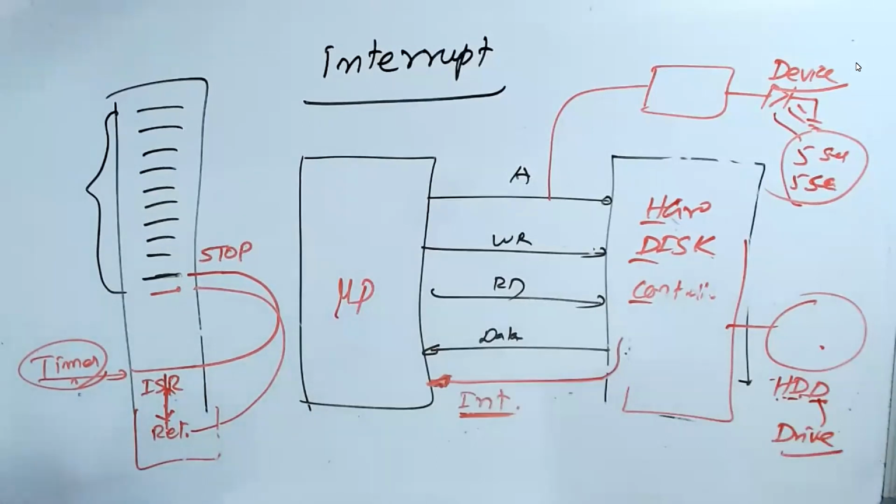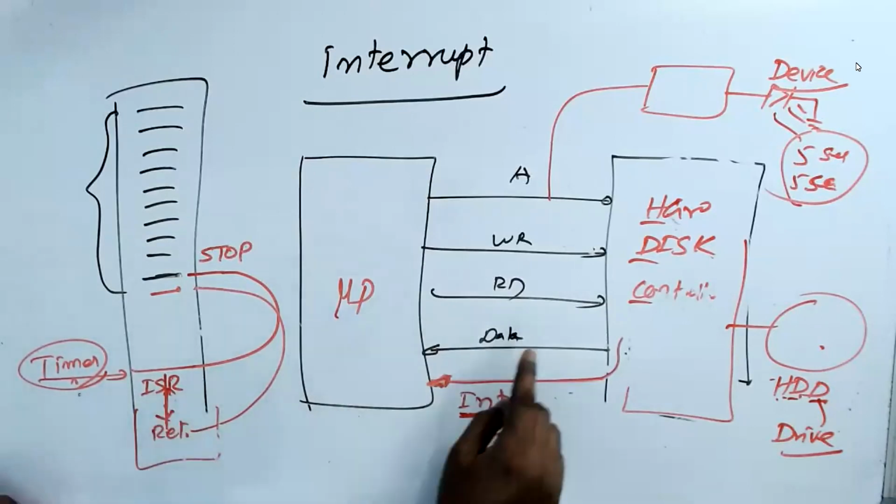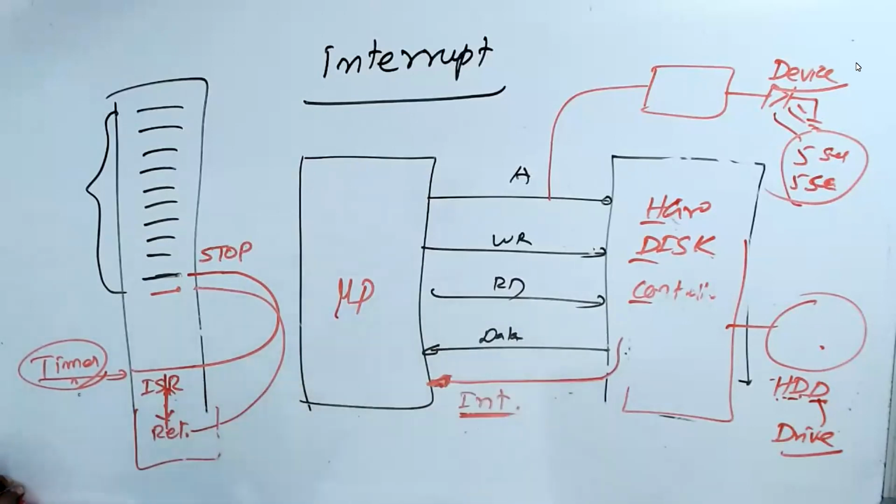Okay. So this is the way your interrupt works. This we practice very clearly. If you have seen my timer code, I have shown you how the interrupt is working.